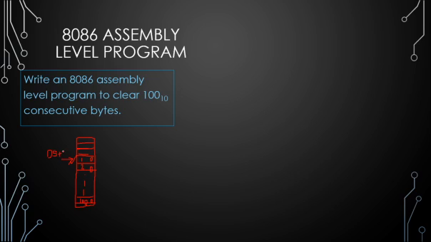Some offset has to be added, and let us take that offset variable as address. On adding these two, we'll get the correct location of the memory from which onwards 100 bytes will be counted. Not only counted, they will be made 0. So that is what we are going to do.